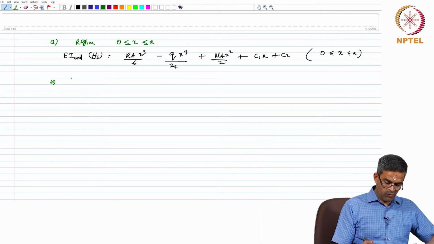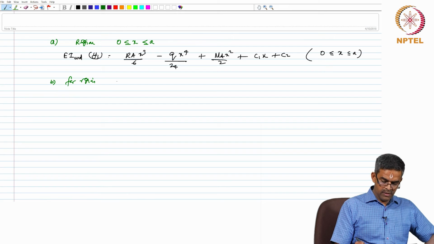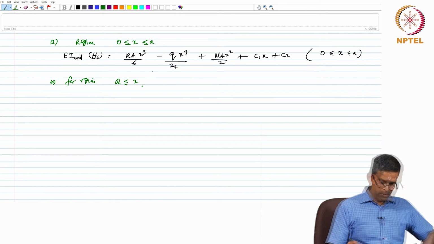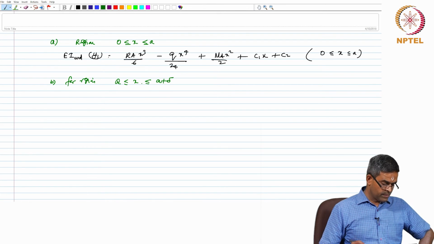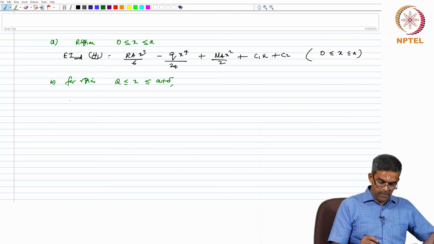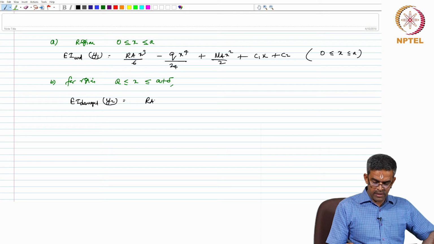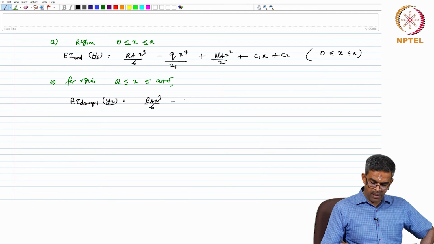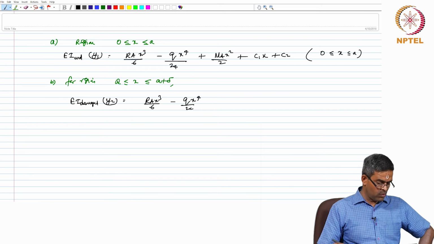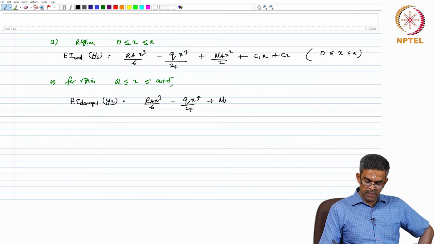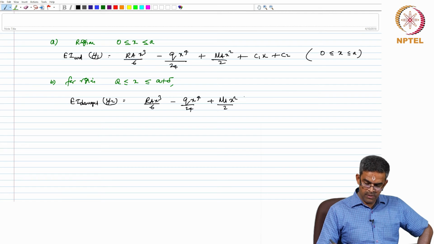Now, for region a less than x which is further less than a plus delta, EI damaged, because that is the damaged region, of y2 will be Ra x cube by 6 minus q x 4 by 24 plus Ma x squared by 2 plus C3 x plus C4.